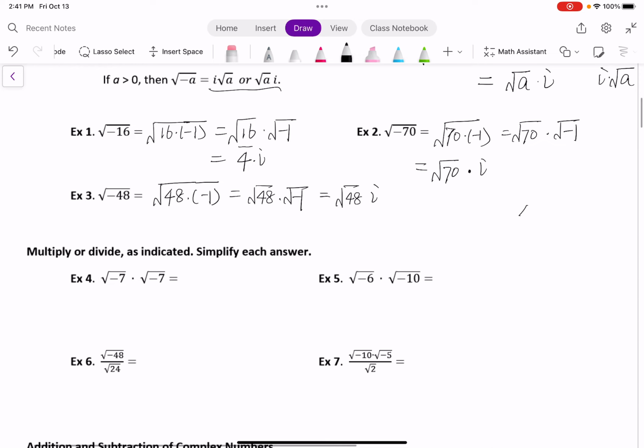But we have learned that if I can simplify the square root of 48, let's do the simplification. 48 equals 16 times 3. So let's continue: the square root of 16 times 3, I replace the 48, bring the i down, and separate the 16 and the 3. Then the square root of 16 is 4, so we have 4 times the square root of 3, times i.